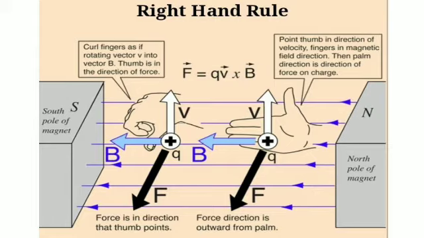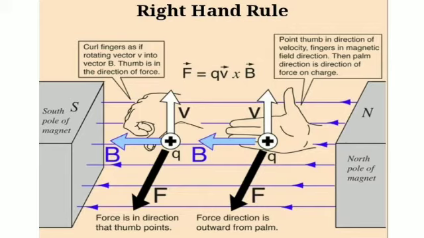Here point the thumb in the direction of velocity, fingers in the magnetic field direction, then the palm direction is the direction of the force on the charge. So that is the right hand thumb rule. Finally we can say that vector F is equal to q, that is the charge, times vector v cross vector B. Fine.